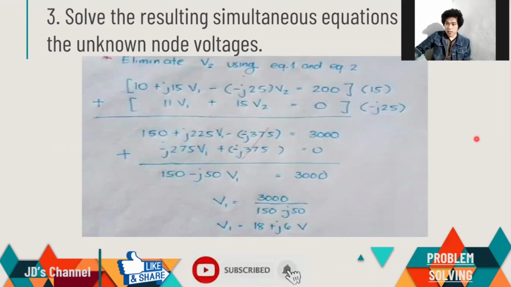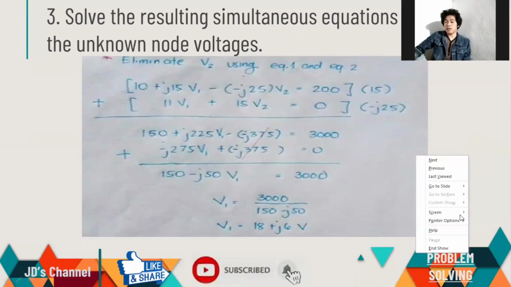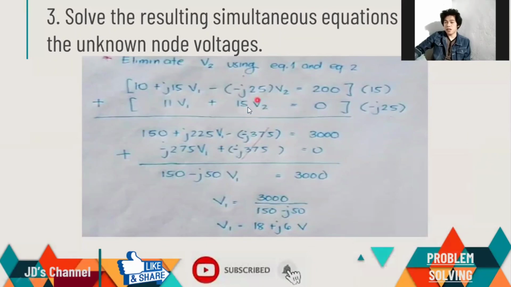What we did was eliminate V2 using equations 1 and 2, so the j2.5 and 15 V2 terms are eliminated. It results in 3,000 and 0, and we get 18 plus j6 volts for V1.